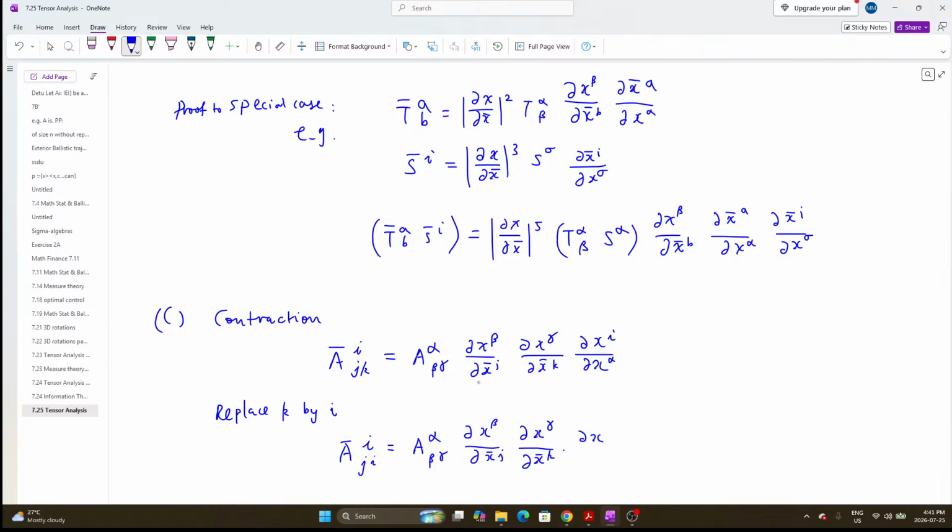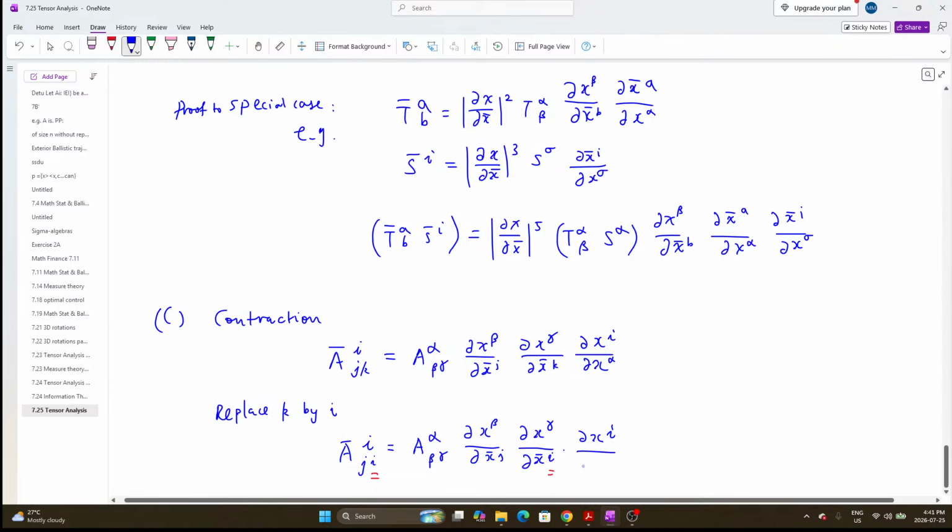So here i needs to be summed over. Here k is changed to i, because i appears here. This is the replacement, and finally the last Jacobian factor is unchanged.